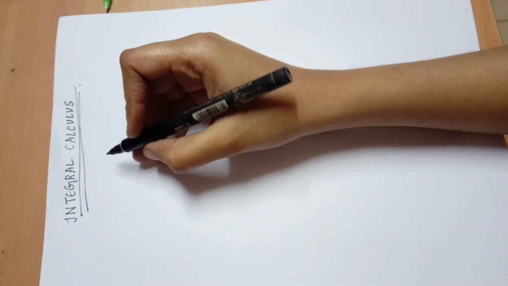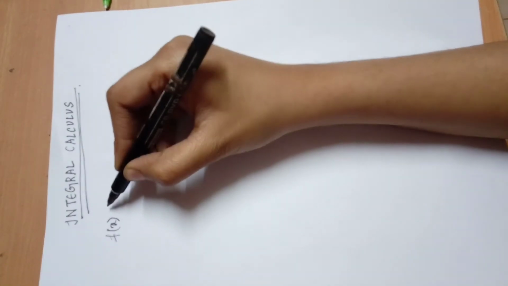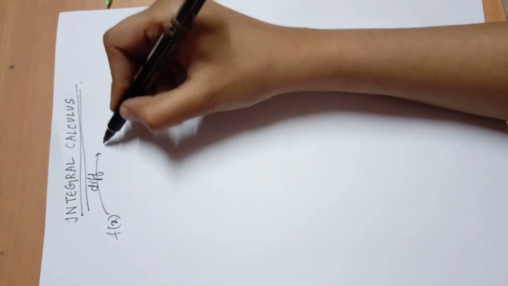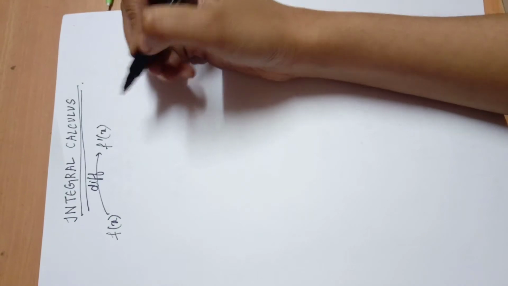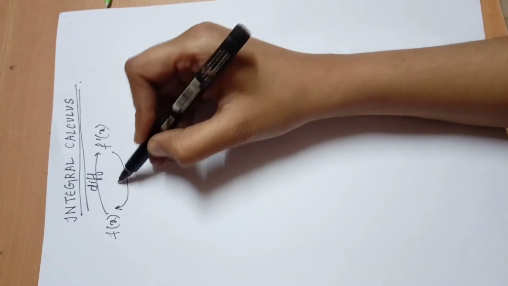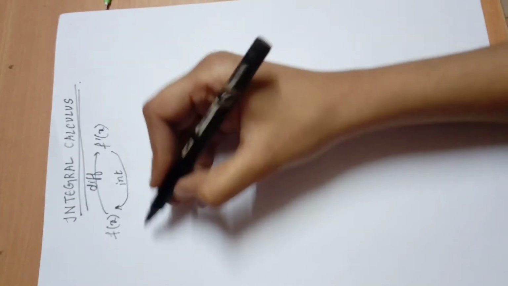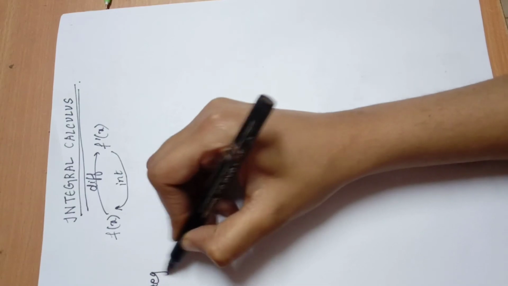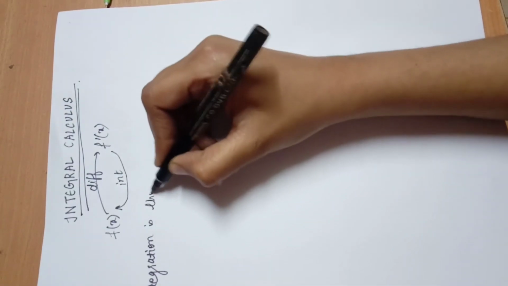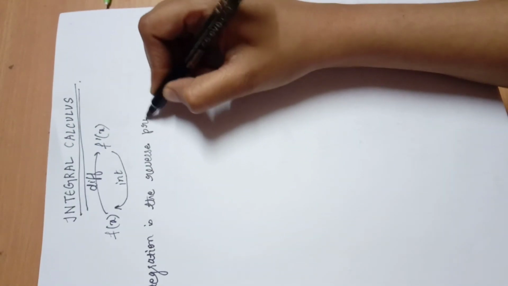Integral calculus. First of all, when we differentiate a function f of x, what we get is f dash of x. This we all know, and when we integrate it we get back f of x. So we can say that integration is the reverse process of differentiation.